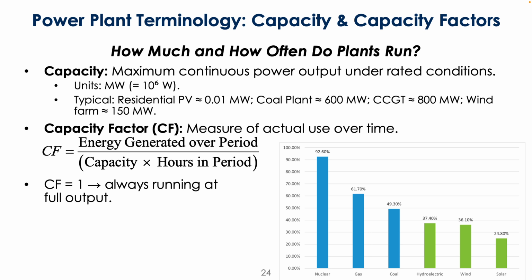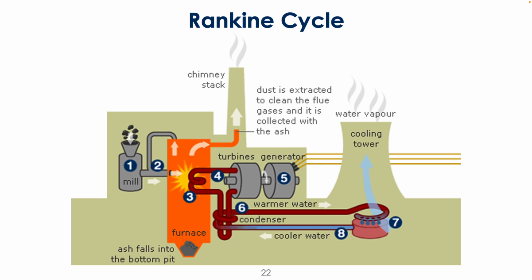The ramping that you're talking about, different power plants have different capabilities to ramp up their turbines. A coal plant tends to have a slower ramp time, because it takes time to boil water and send it through a turbine.